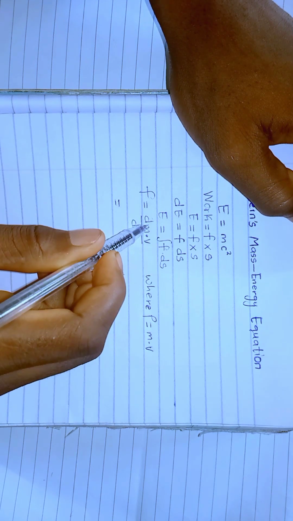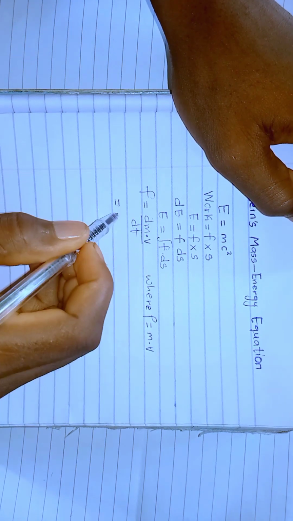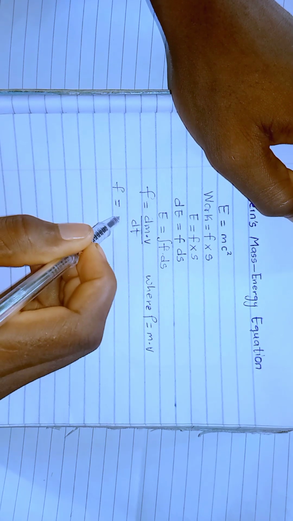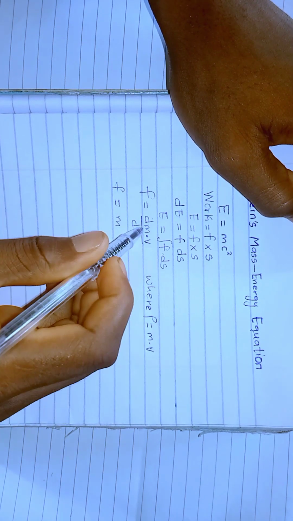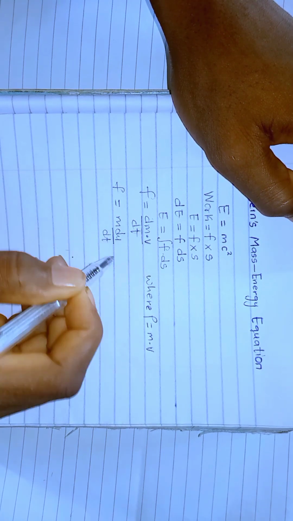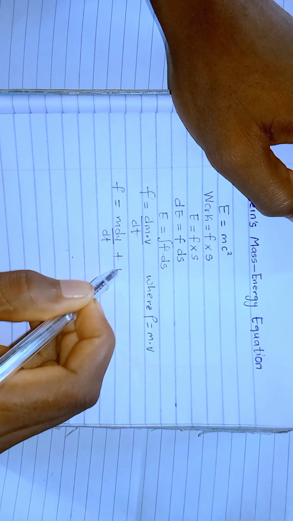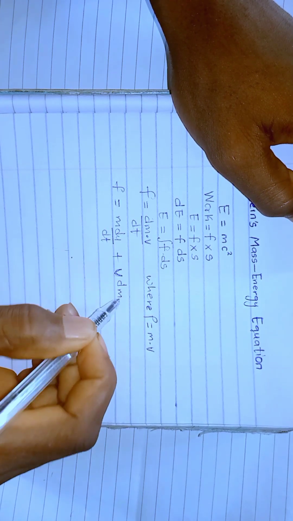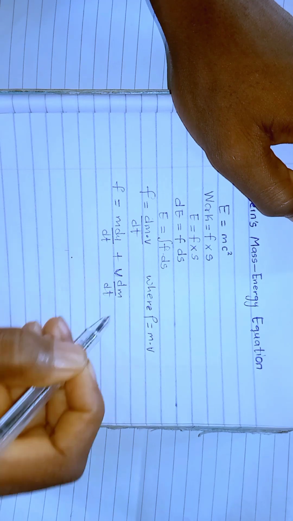Differentiating the mass and velocity, your force is now equal to mass times dv/dt plus velocity times dm/dt.